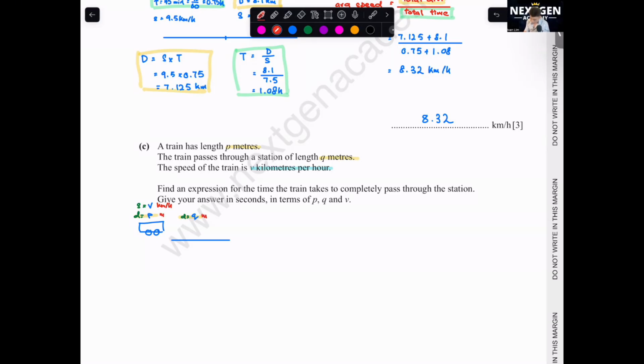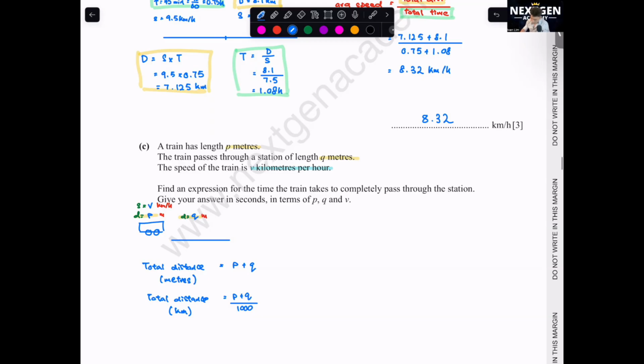So we calculate total distance, in meters first, which equals P plus Q. Then we need to convert it into km, which is P plus Q divided by 1000. Why do we need to convert to km? Because the speed is in kilometers per hour.